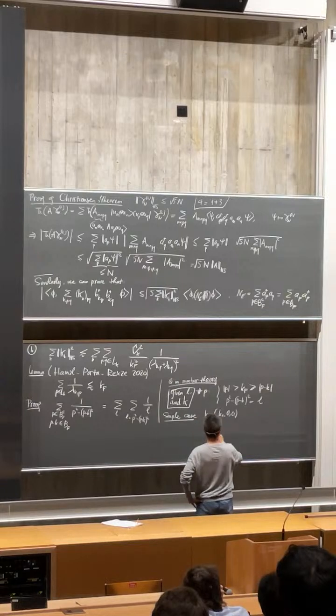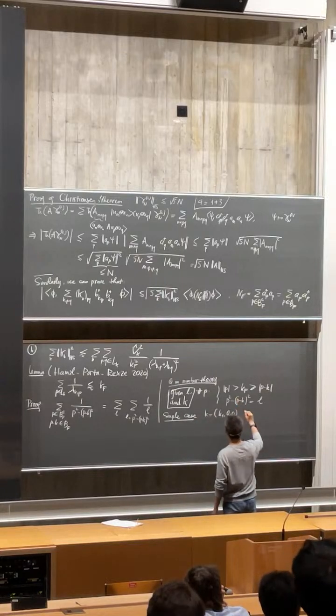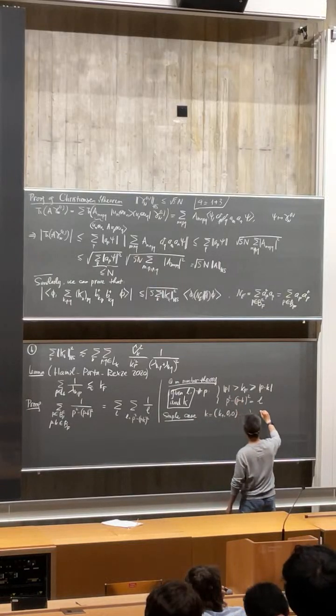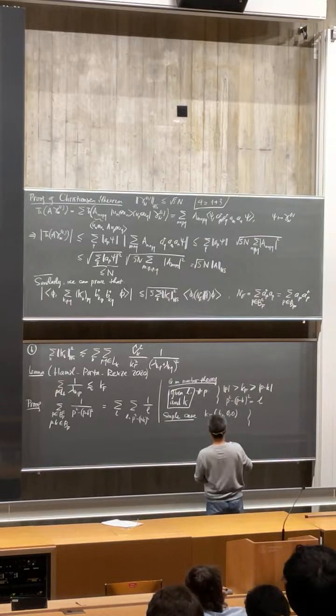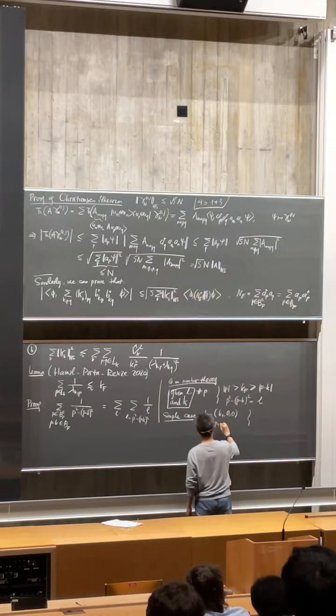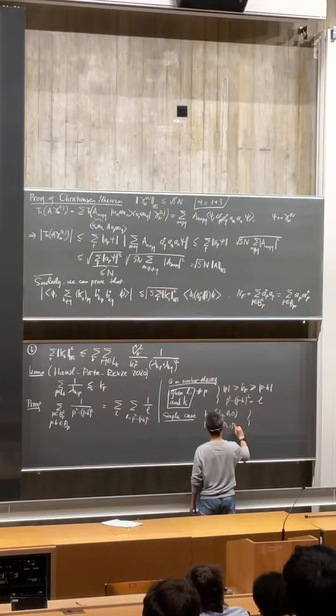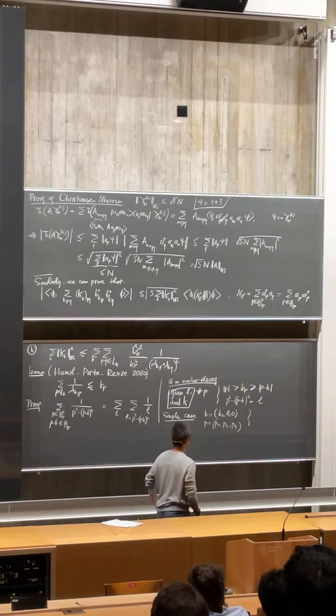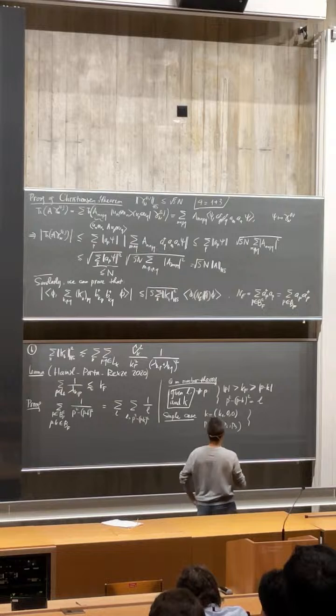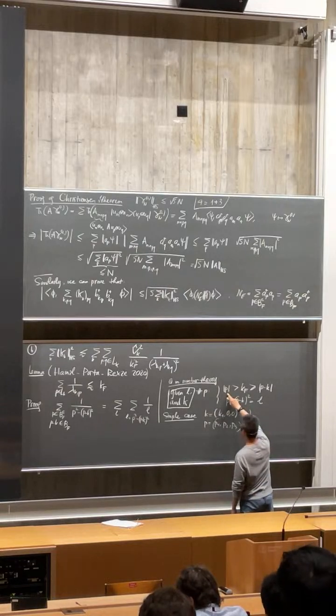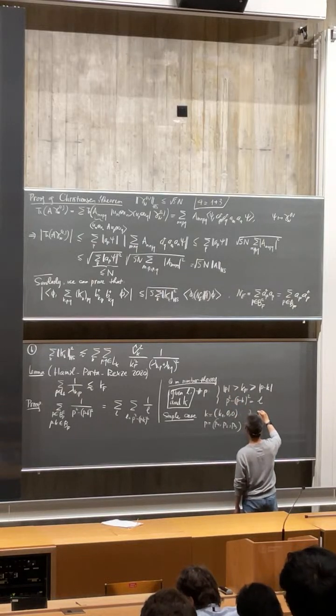Okay, so in this situation, now we can rewrite the two conditions. Like now let me write b equal to b1, b2, b3. Right? Then this should be equal to, so now we get b square.